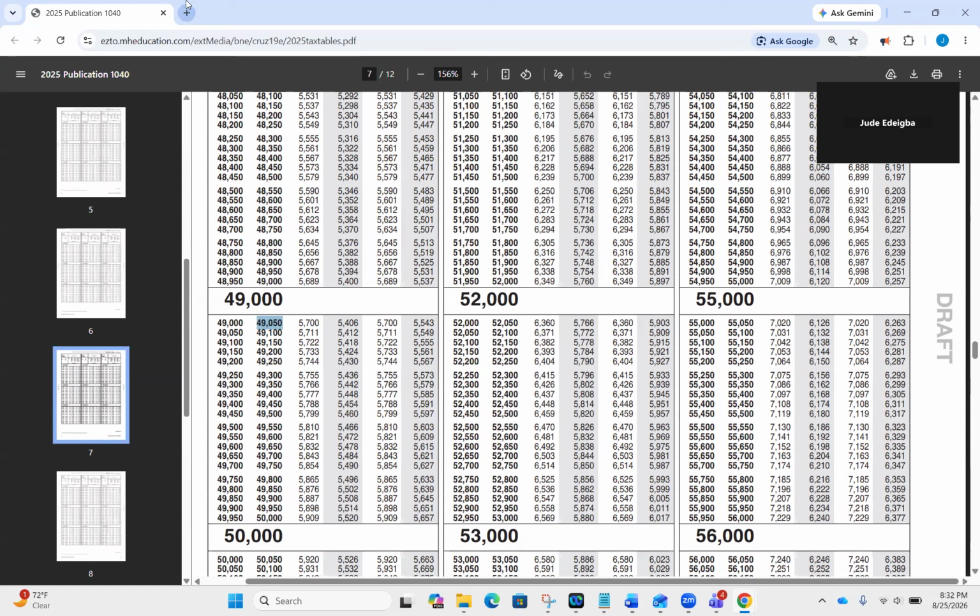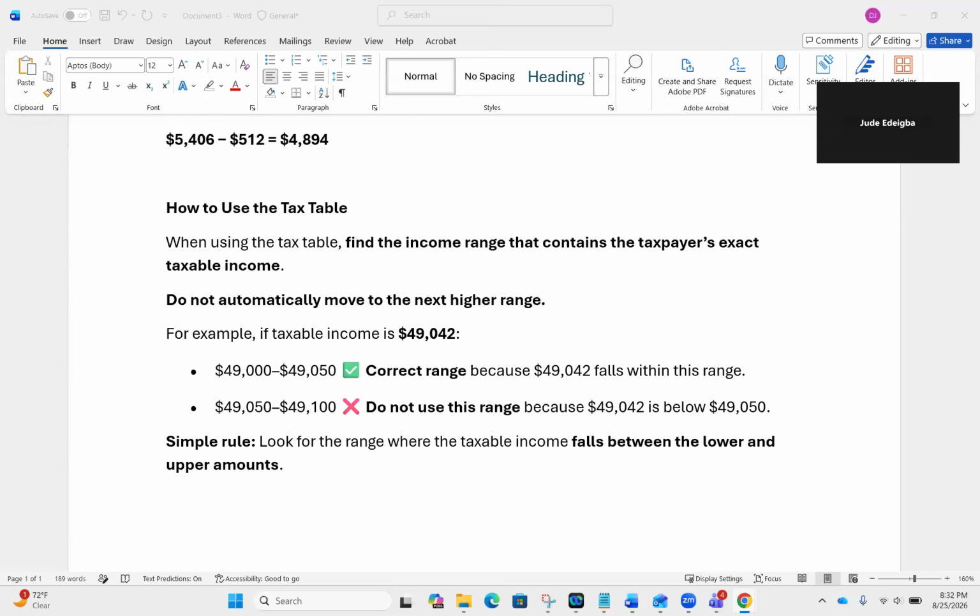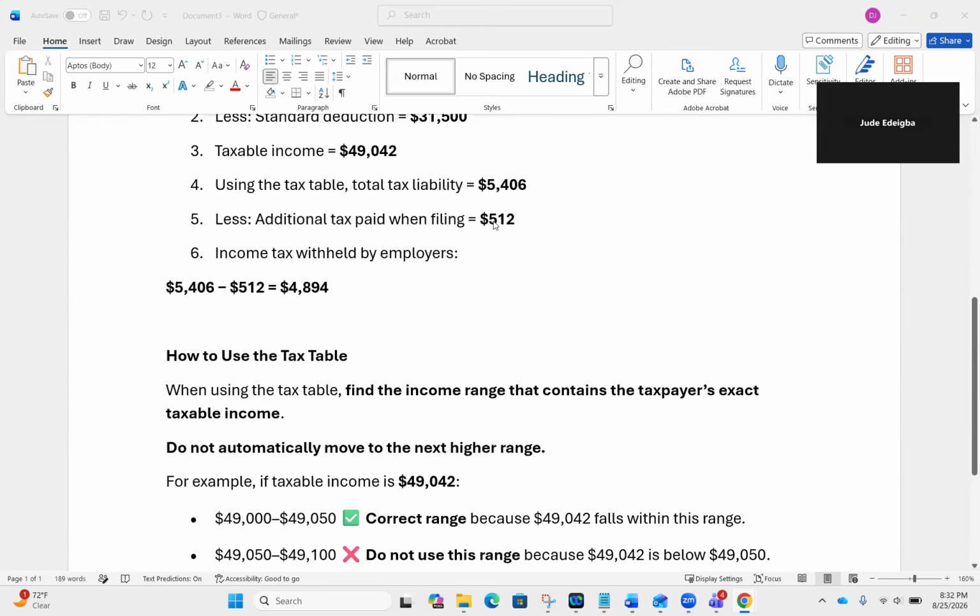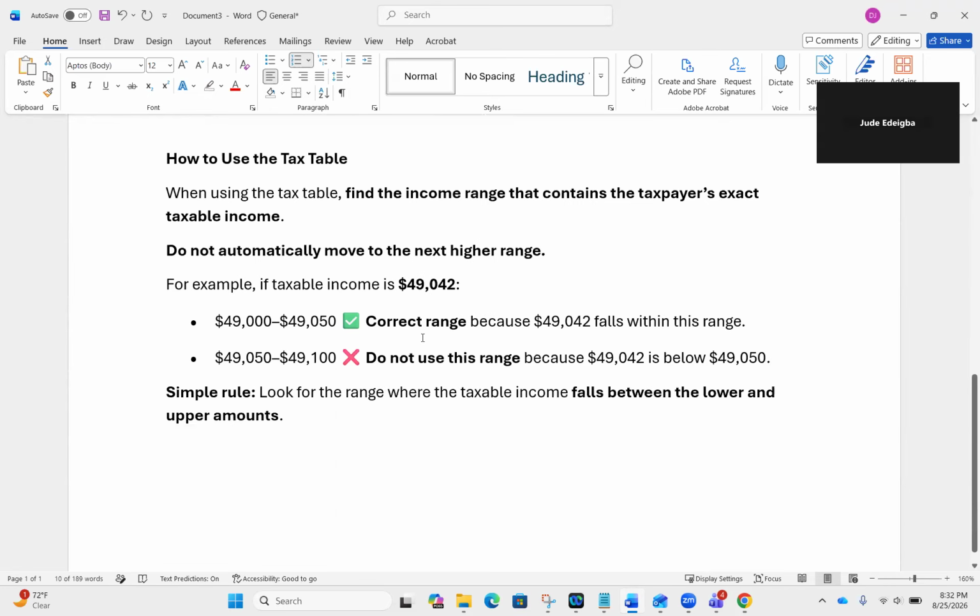And that is why the amount we have as the tax liability is very close to what you will get if you use the tax formula or use a tax calculator. Basically, I did explain this as an example earlier. We would start from $49,050 to this range.